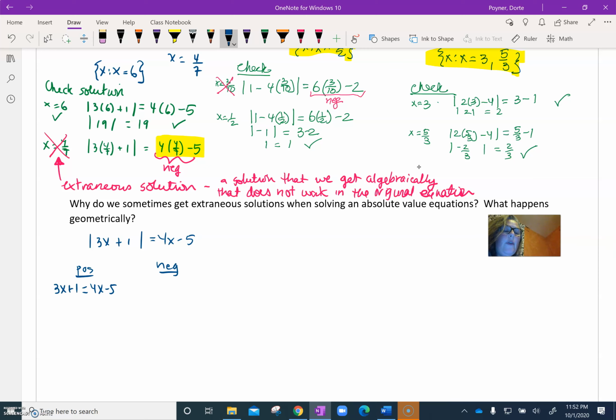The same for the negative version: negative 3x minus 1, I'm just distributing the negative right away, equals 4x minus 5. So I am changing how the equation is behaving for algebraic convenience.